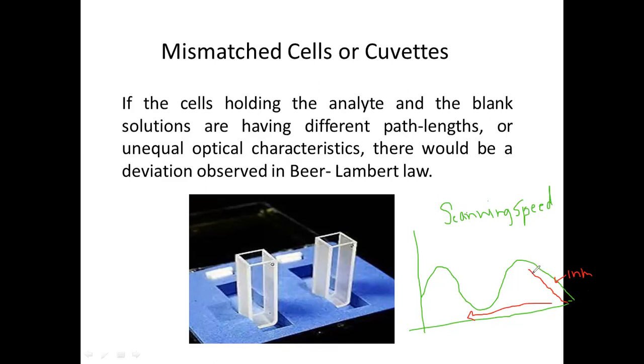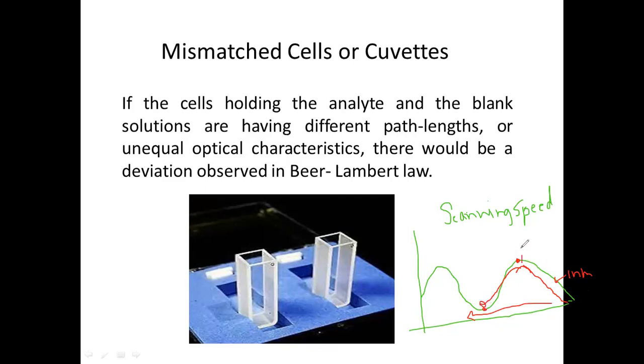Now the scanning speed is so high that the recorder cannot cope, and rather than giving the correct absorption at the lambda max, it is just going to take the shortcut. And at the lambda minima, again, rather than going down and recording the lower absorbance value, as it cannot cope with the speed, it is just going to give us the higher absorbance value at the minima.